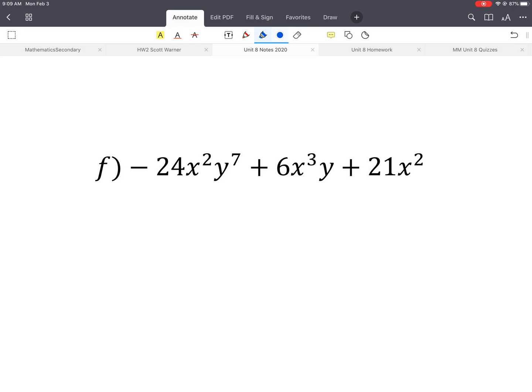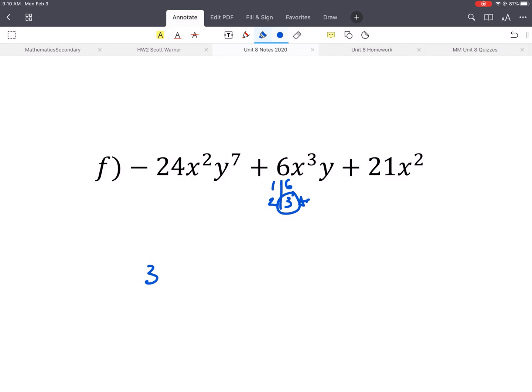All right, just looking at this, I think the greatest common factor is 3, but we could maybe start here. We do 1 and 6 and 2 and 3. Does 6 go into 21? Nope. Does 3 go into 21? Yes. Does 3 go into 24? Yes. So the greatest common factor is 3.